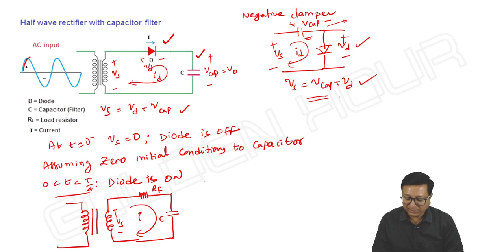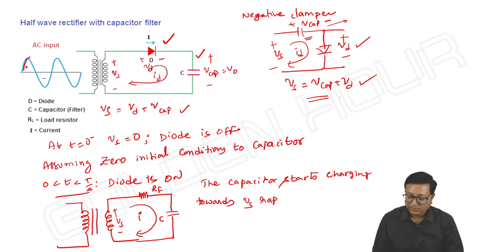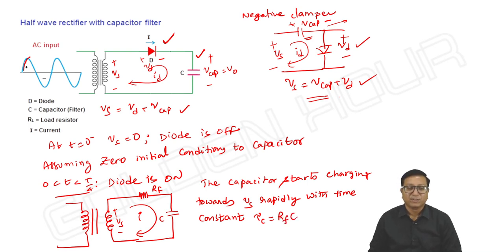Okay, so the capacitor starts charging towards Vs rapidly with time constant tau C is equal to Rf into C. Okay, fine.